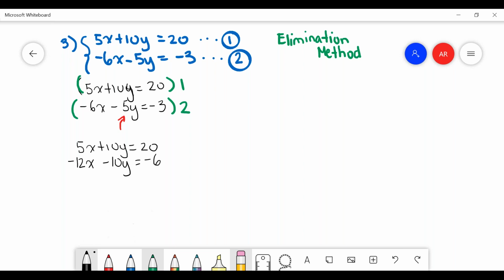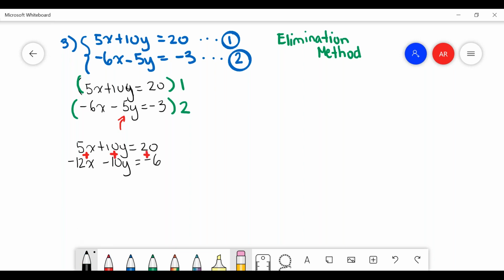So now, taking a look at what we've done so far, we've multiplied both equations by numbers in order to create opposite coefficients in front of a variable. Now we can just carry out the exact same steps as we did in question number 2 by simply adding these.